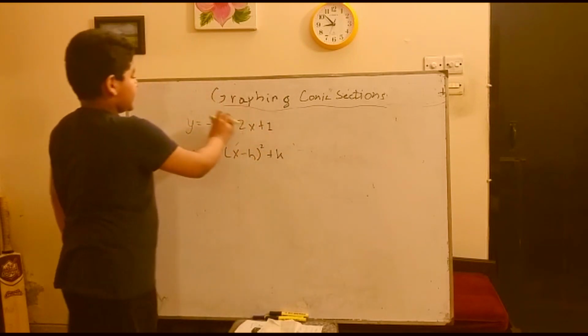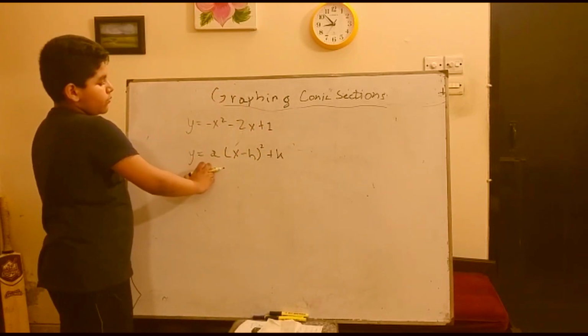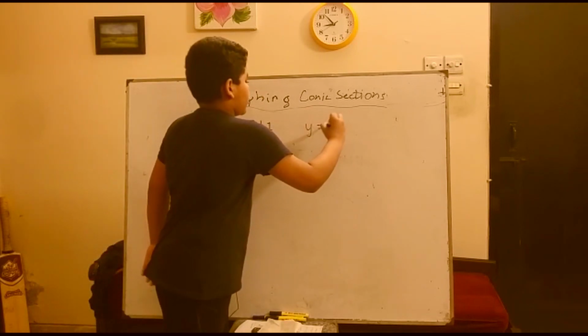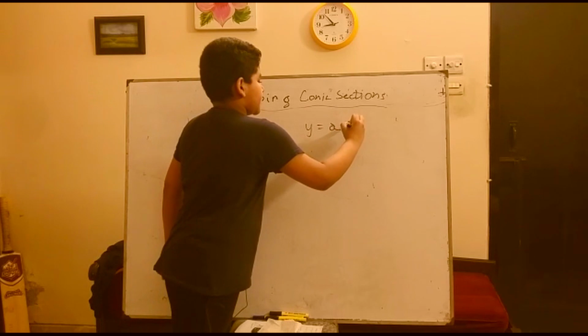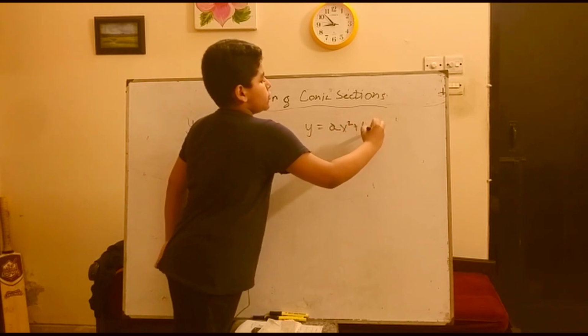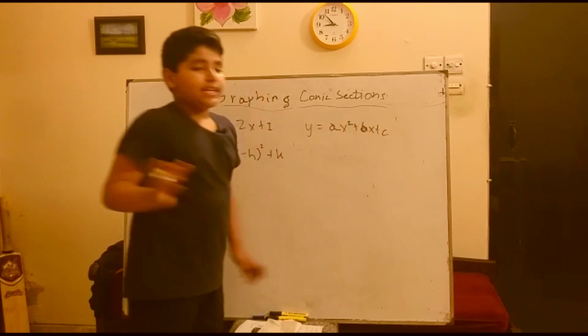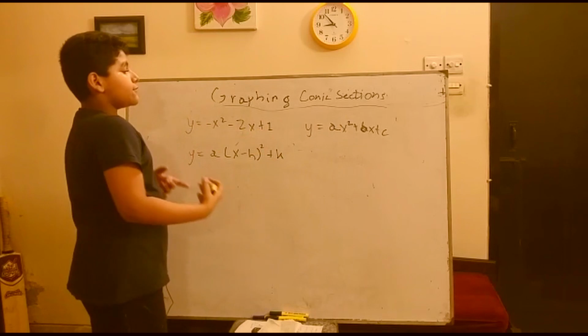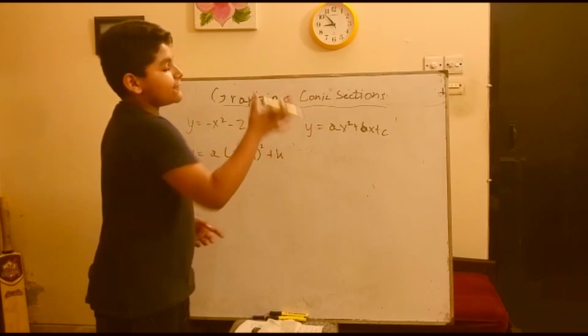Now before looking this whole thing up, we're going to derive this equation from an original second degree polynomial. But don't be scared. Don't think that every time you have to solve this graph, you have to derive this formula.